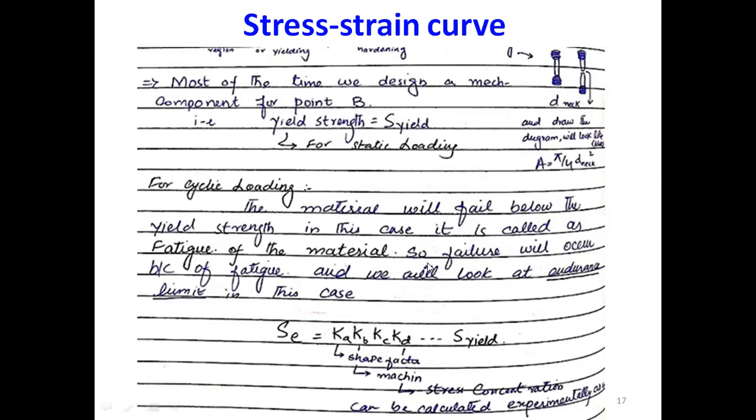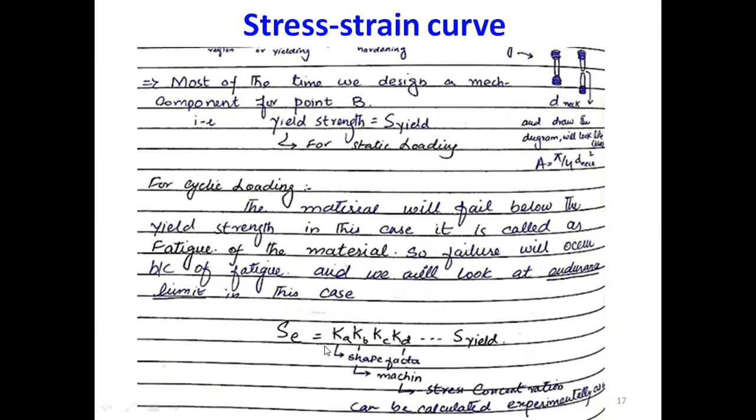In fatigue, the material would fail well below the yield strength. For cyclic loading, we have to design the material for the endurance limit. You would study all these things in your mechanical design course. And the endurance limit is actually a function of yield strength.